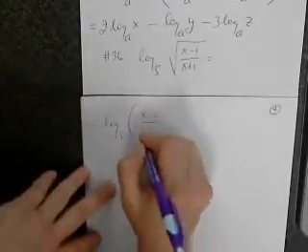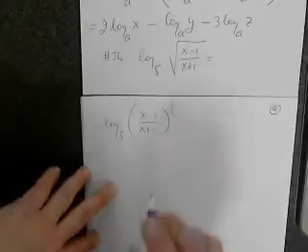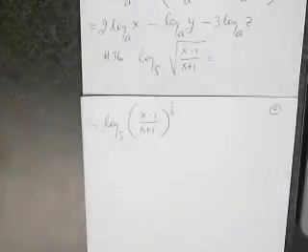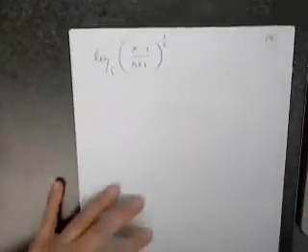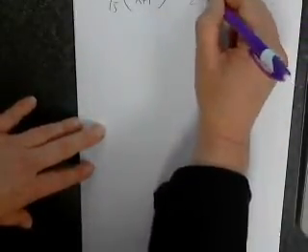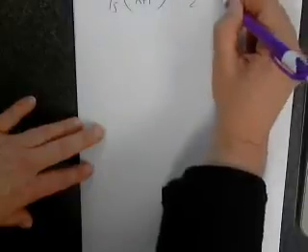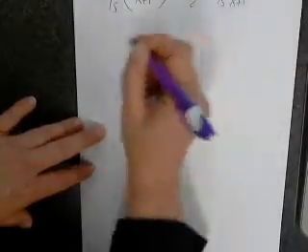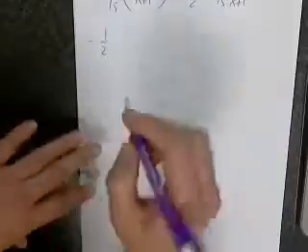So this is x minus 1 over x plus 1 raised to 1/2. I have to clear the power first in order to expand. So where does 1/2 go? Good. So now 1/2 stays outside.